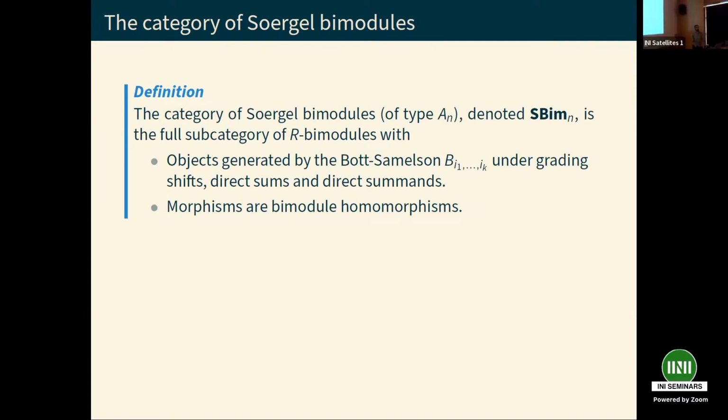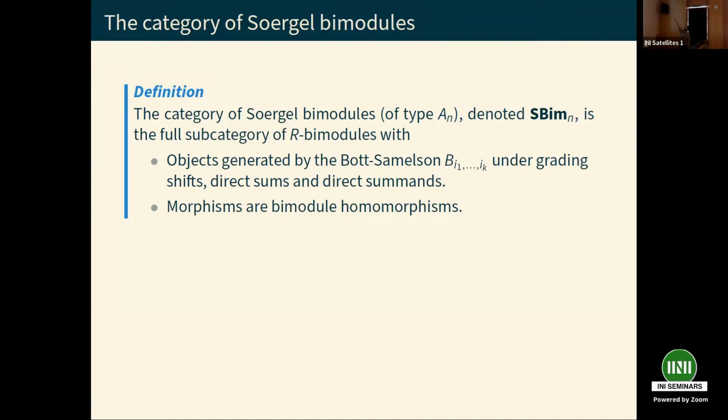So far I've been referring to both Bott-Samelson bimodules and Soergel bimodules, which I just showed you how to define in general. But from the original representation theoretical perspective, it's interesting to consider the whole category closed under these operations listed here.